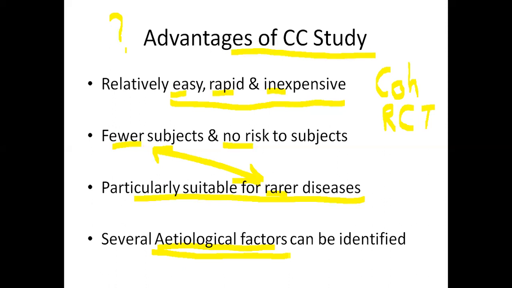We can look for consumption of alcohol. In the context of the pandemic, maybe we can look at how many of those 50 cases had COVID in the last 2 or 3 years, and how many of those 200 controls had COVID in the last 2 or 3 years, because on the basis of available literature, COVID has been said to have increased the number of thromboembolic events like myocardial infarction.